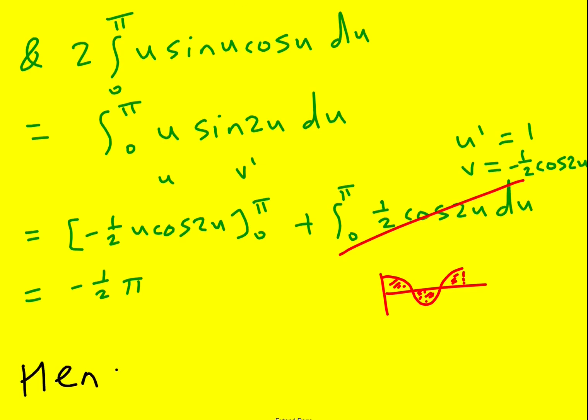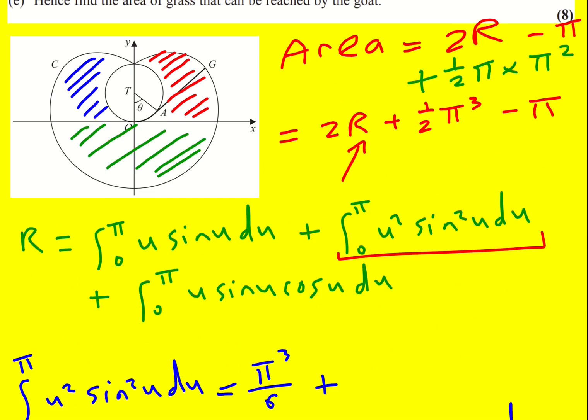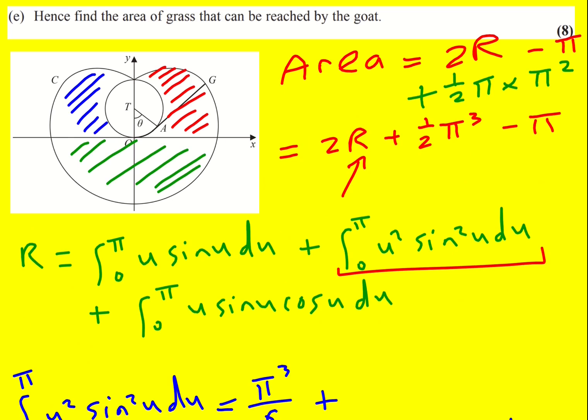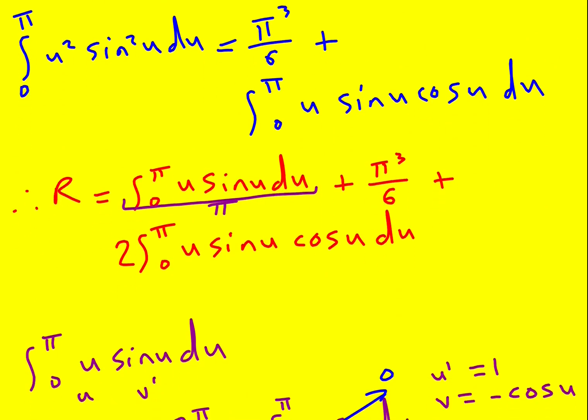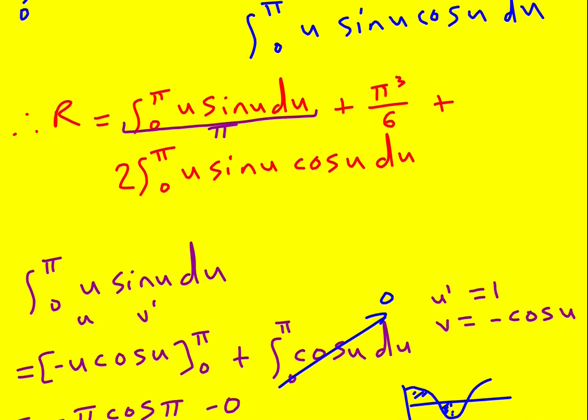Hence, the area will equal, now we can put it together. We've got 2 lots of r, and we've just figured out r.